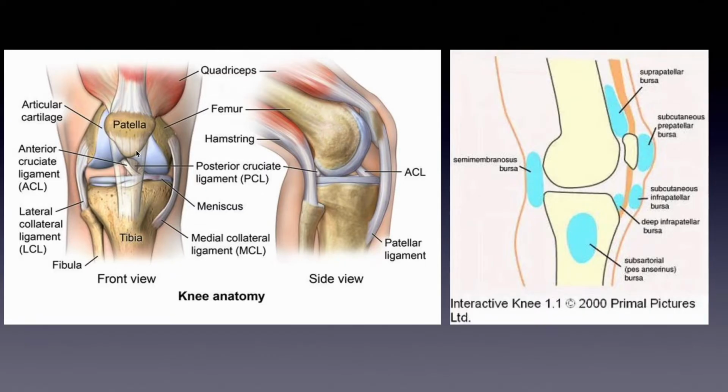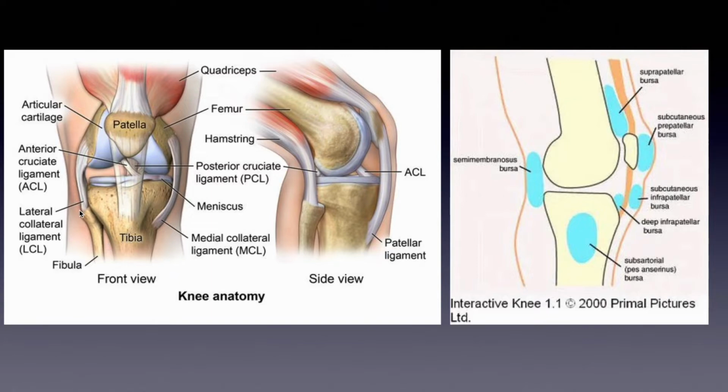Additionally, if we want to connect 2 vertical bones together, we need some structure that will connect them from the side. So we have the lateral collateral ligament and the medial collateral ligament. One thing I want to mention, and please remember this forever: the fibula is always on the lateral side of the leg.